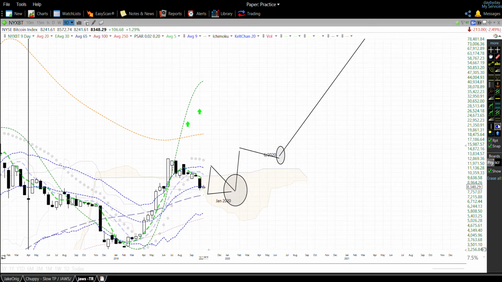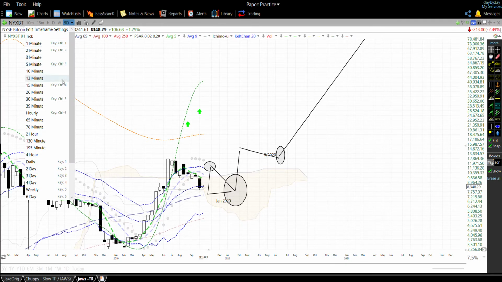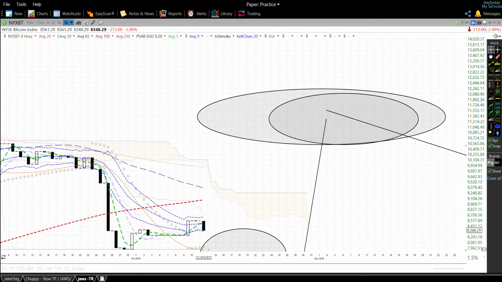And maybe, there's always a possibility that we can break up through the Kelt band first and create sort of a head fake before coming down and repeating this type of action. So again, let's now go ahead and zoom in to see what things look like.